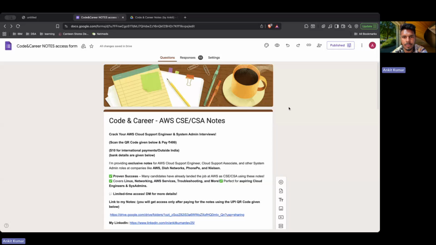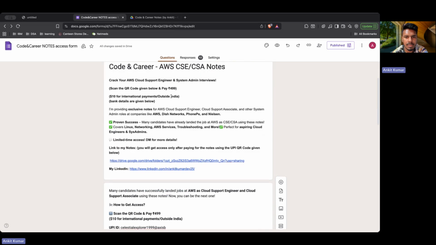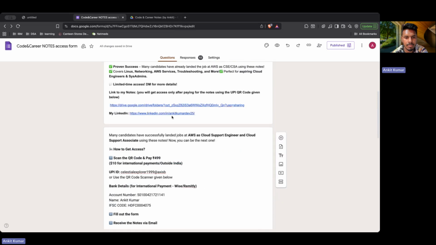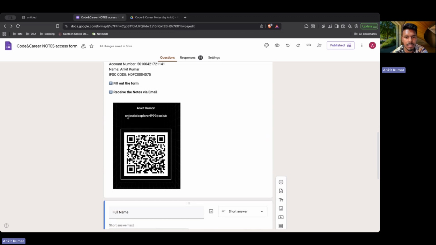Okay, so this is the form which I share with you guys to fill after you do the payment. In here, all the details are there: how much you have to pay and where you have to pay. This QR code is there, which you have to scan, or you can enter my UPI ID, which is there here.